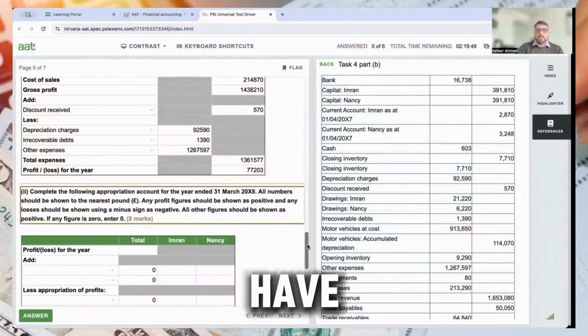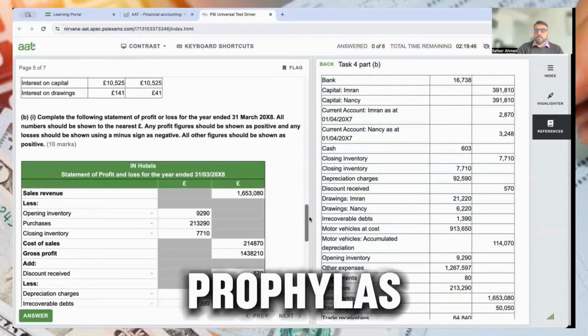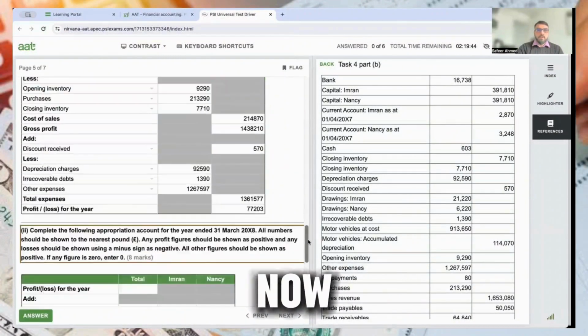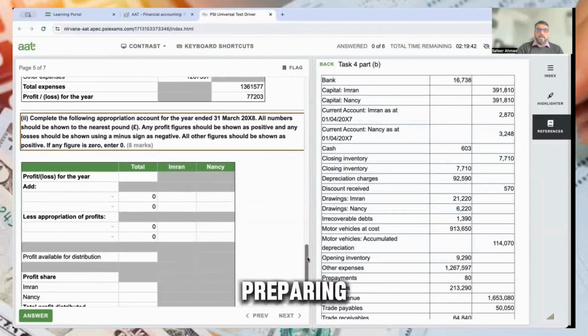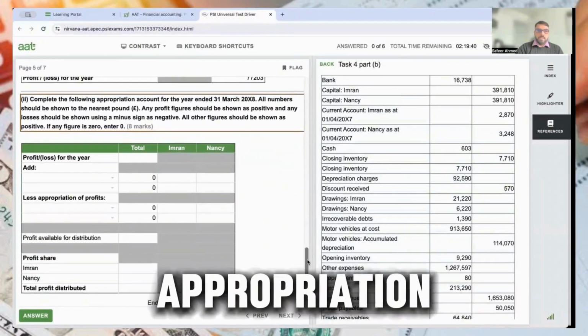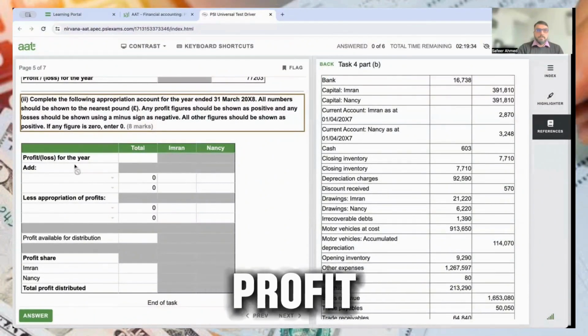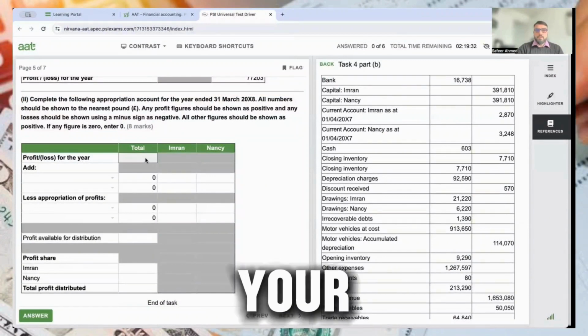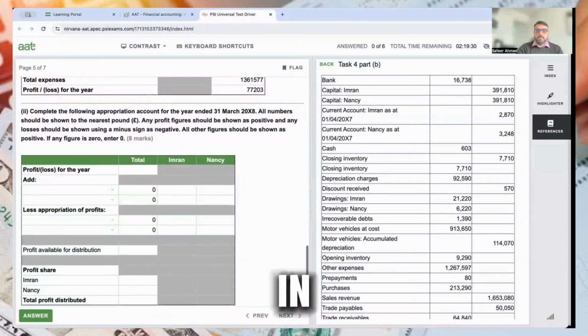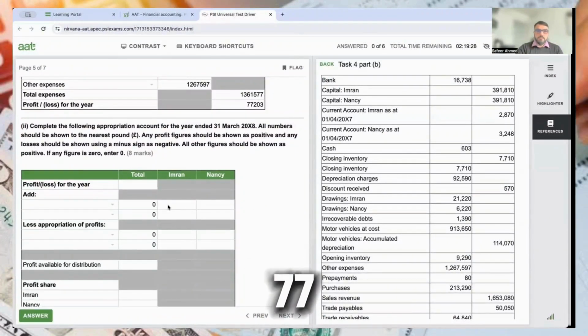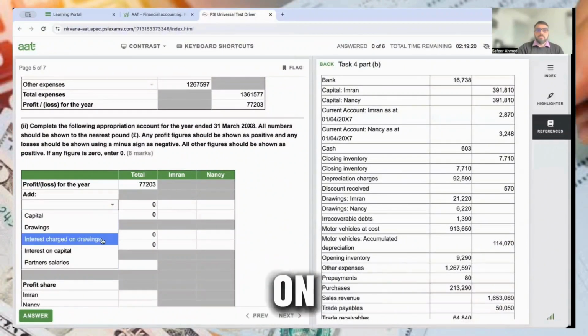Okay, so we have completed the statement of profit and loss, and now we will be preparing the profit and loss appropriation account. Profit for the year. So this is your profit, the one you calculated in the first part, 77,203. And then what we add back is the interest on drawing.